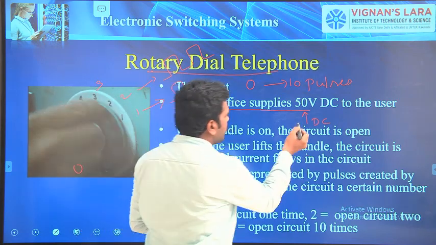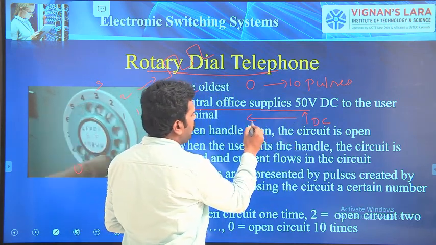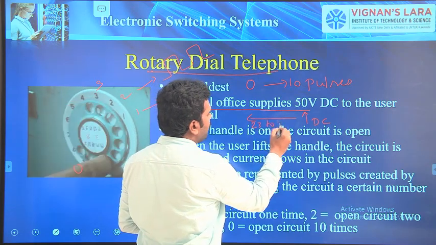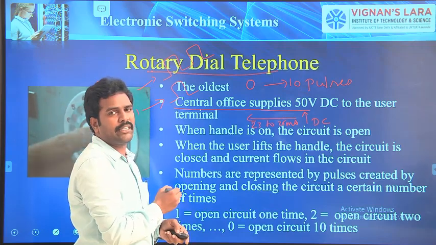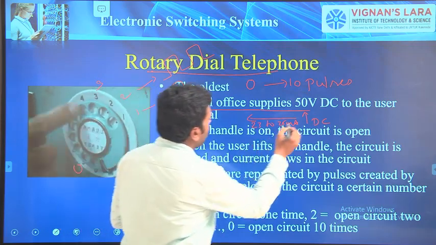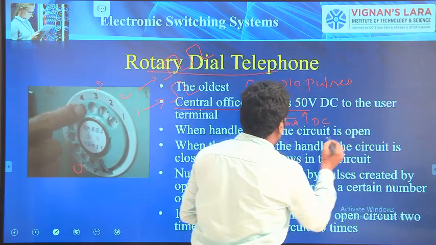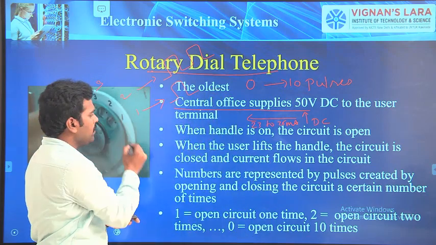Therefore, it sends a DC current of 23 to 25 milliamperes to the subscriber end.